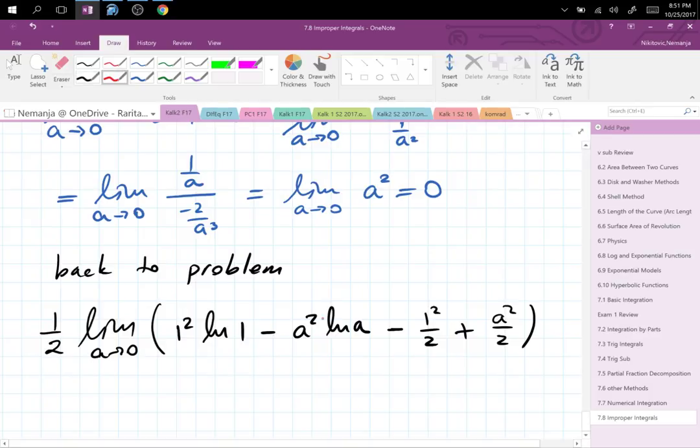We know that both of these terms go to 0. We calculated this one. This one is clear that it goes to 0. We have 1/2 limit. No, limit is done. 1/2. Now ln 1 also goes to 0. So that term dies as well. And all I have is negative 1/2 over here. So negative 1/4.